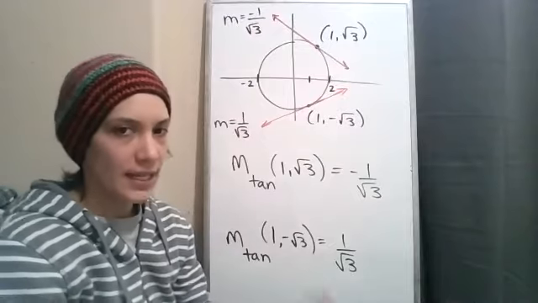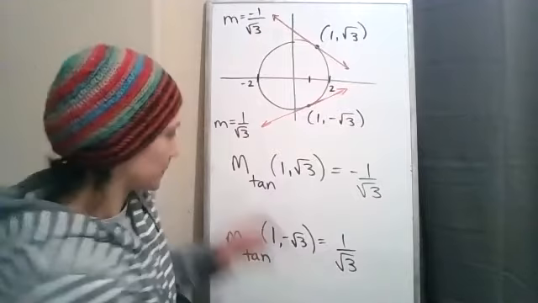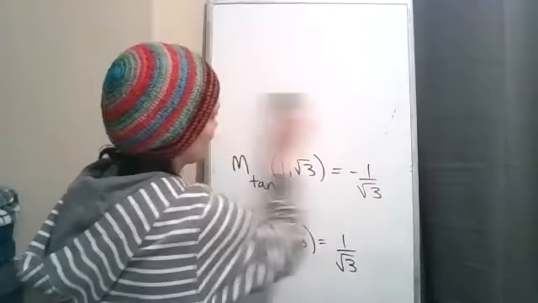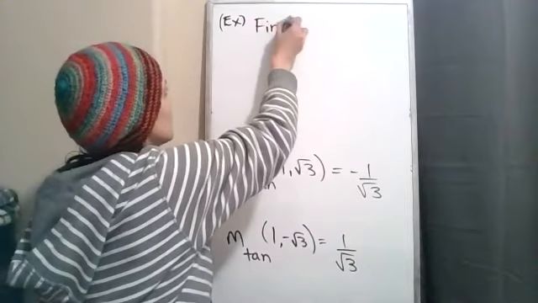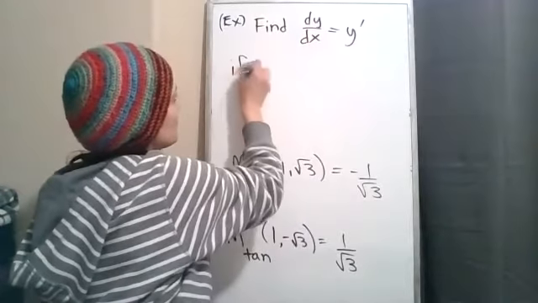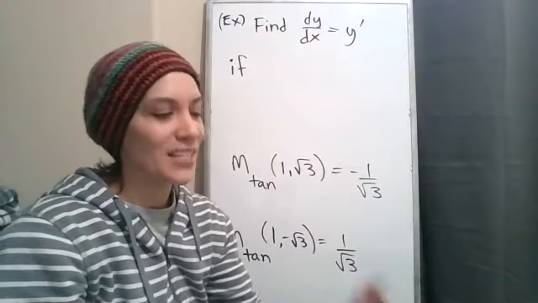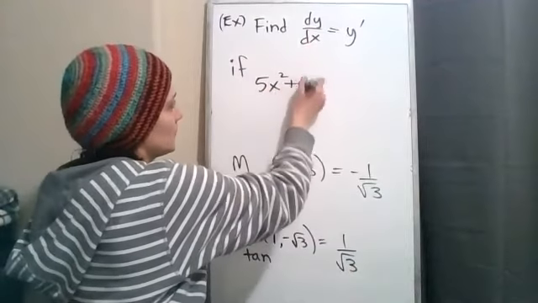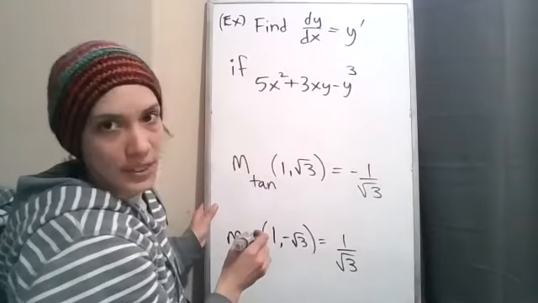Let's move on. So the next example, we want to find dy dx, which we call y prime, if 5x squared plus 3xy minus y cubed equals 10.